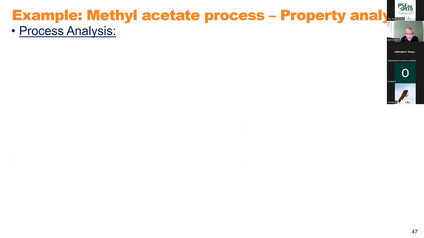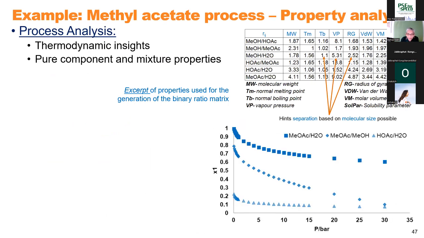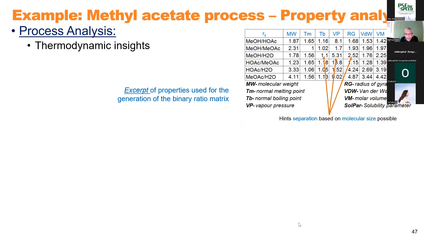So first we do a process analysis, and in the process analysis we have methanol, acetic acid, water, and methyl acetate. Methyl acetate is the product. So from these four chemicals, we have 6 combinations of compounds: methanol acetic acid, methanol methyl acetate, methanol water, acetic acid methyl acetate, acetic acid water, methyl acetate water.